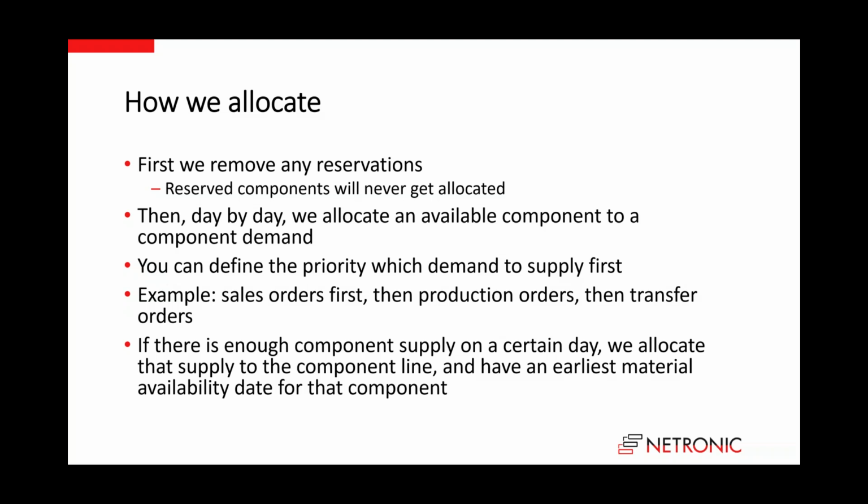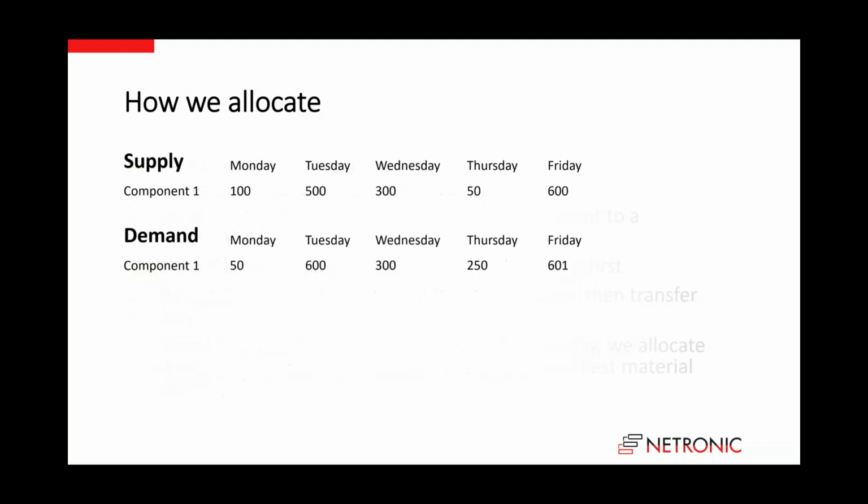If there is enough component supply on a certain day, we allocate that supply to the component line and have an earliest material availability date for that component. And then we look at all component lines on the production order, take the latest date and declare this as the EMAT, the earliest material availability date.